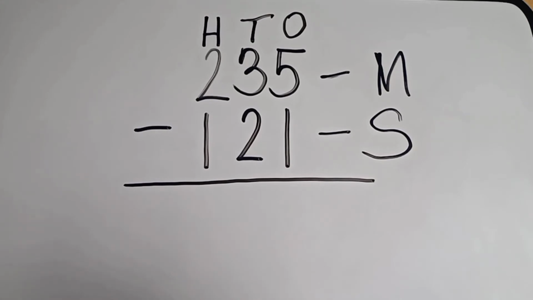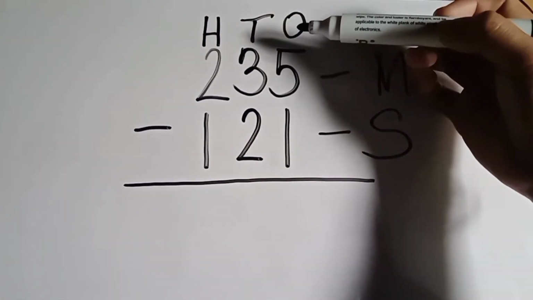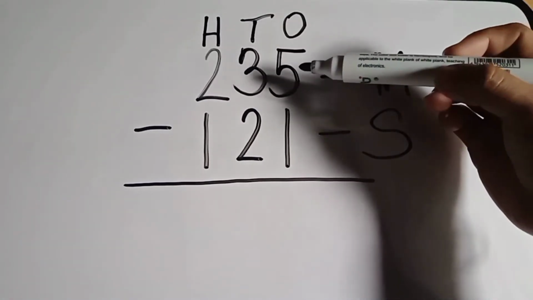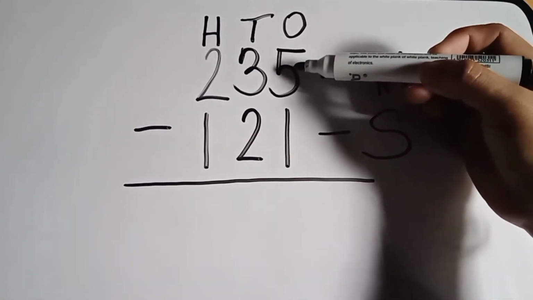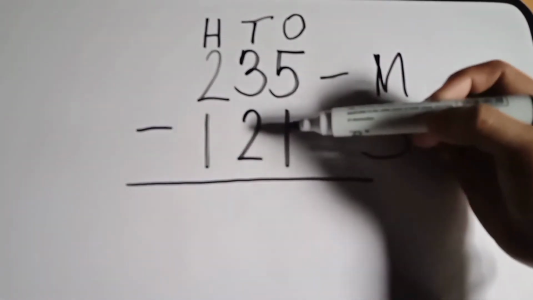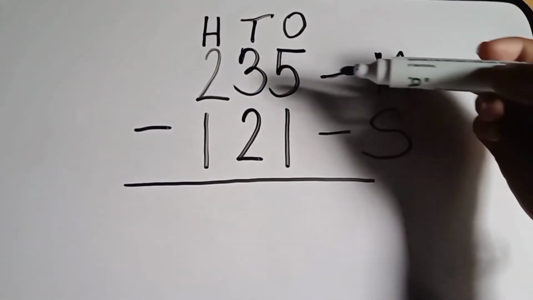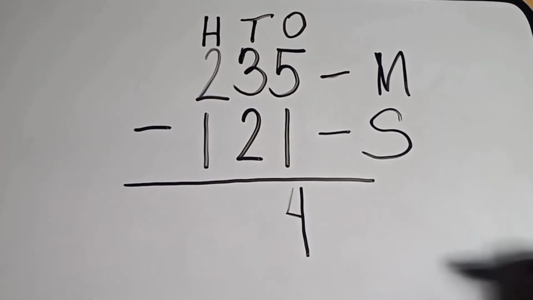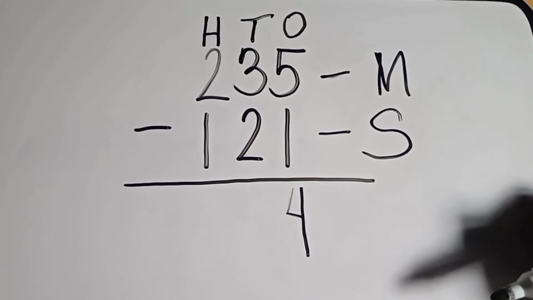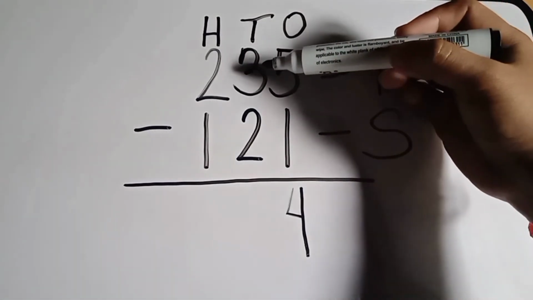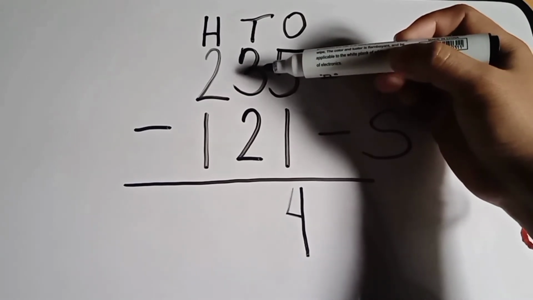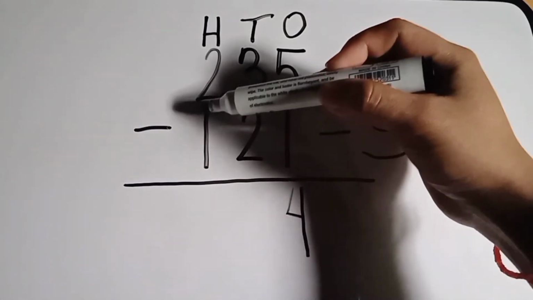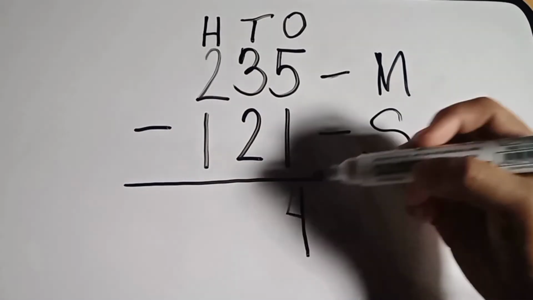Now, in subtracting the numbers, we subtract the ones place first. Our ones place is 5. So, 5 minus 1, or 1 taken away from 5, the answer will be 4. Next, we subtract the tens place, which is the number 3. So, 3 minus 2, or 2 taken away from 3, the answer will be 1.